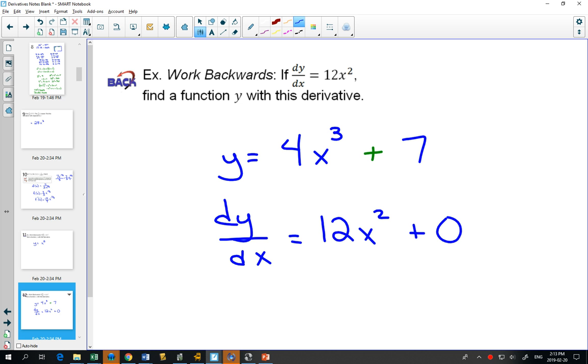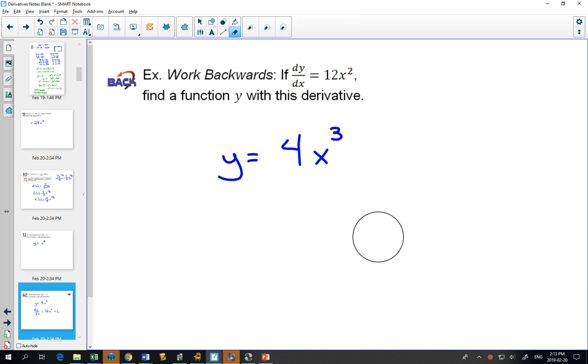So you could have had a 7 there and it would still be the same thing when working backwards. But for this one, all we needed was the 4x cubed. But later on, we'll realize that we could have more than one possible answer to this. And that's why this question said, find a function, because you just had to find one that works. You don't have to find them all.